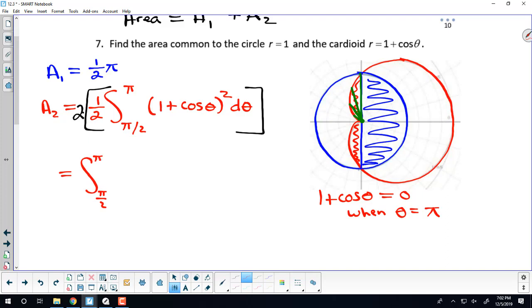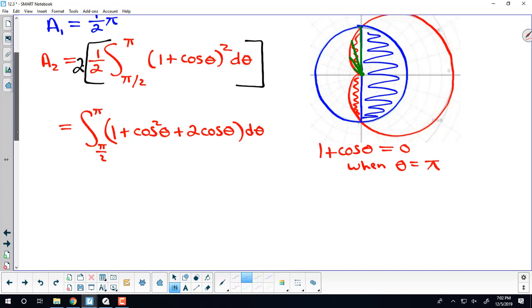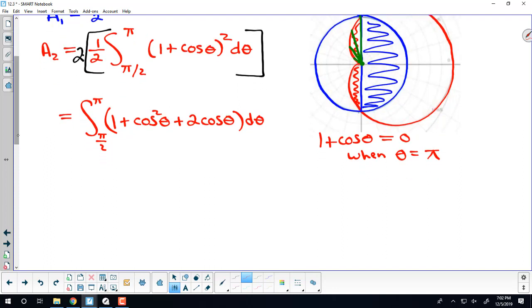We're going to have to expand the (1 plus cosine theta) squared. But that's pretty much it. We can integrate each term. So is everyone okay with the setup and the bounds and such? Okay, so then we expand the function 1 plus cosine theta, and integrate each term.